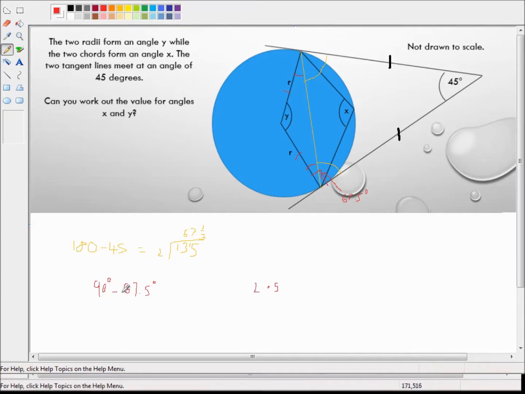And then I need another 2 to make 70 into 90, so that's 22.5 degrees. So this little angle here is 22.5 degrees, which means that this angle here is also 22.5 degrees.